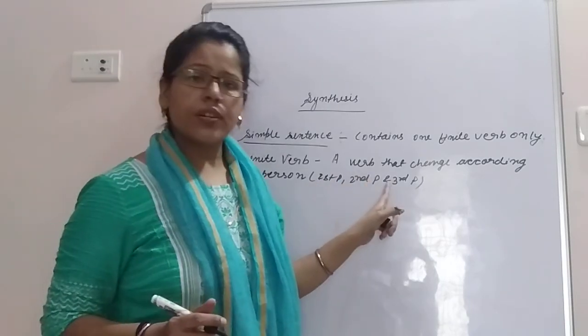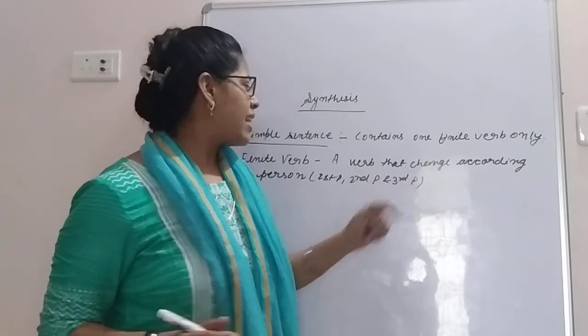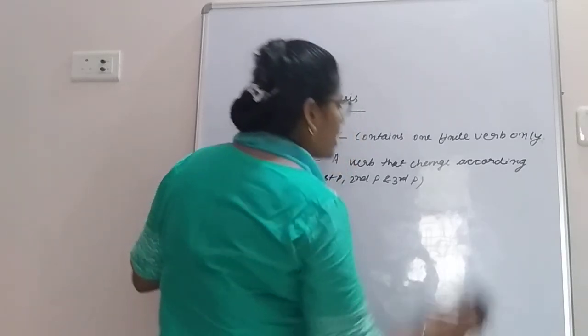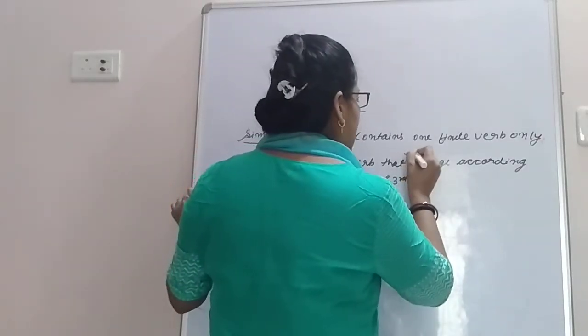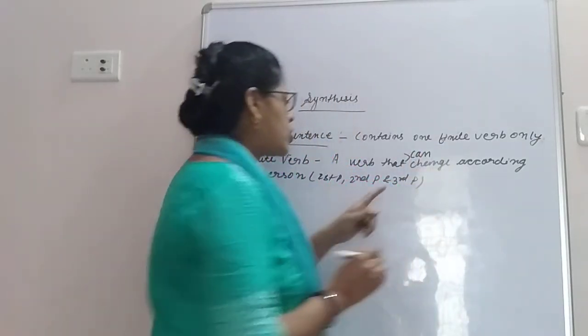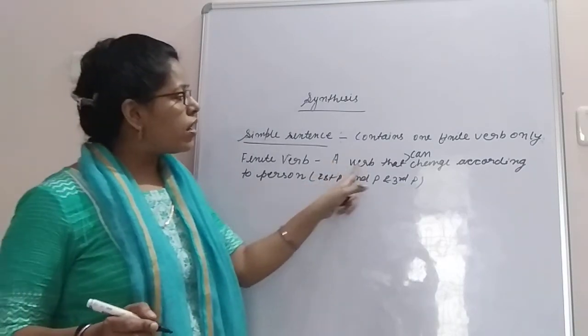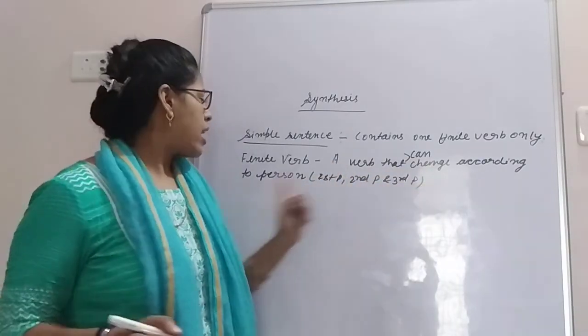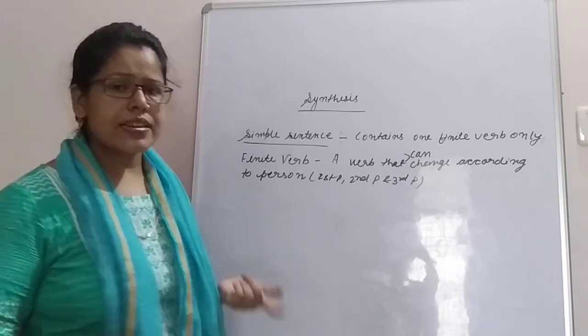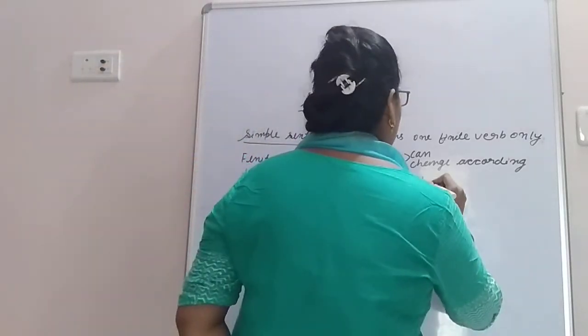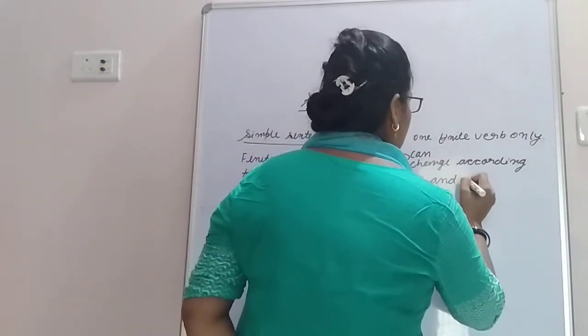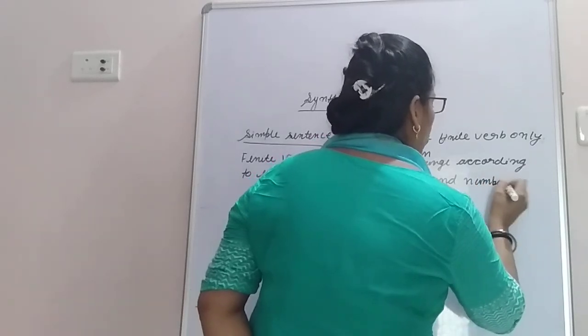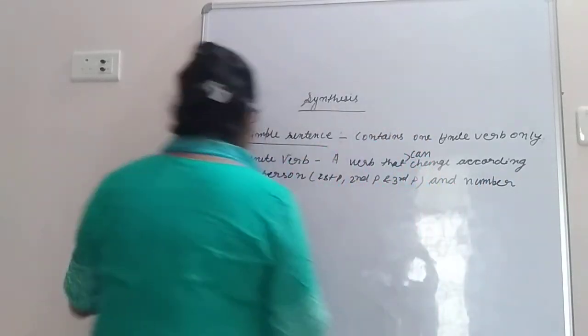Finite verb, a verb that can change. You have to add here the word can. I forgot to write over here. So a verb that can change according to person and number. How many numbers are there in English?